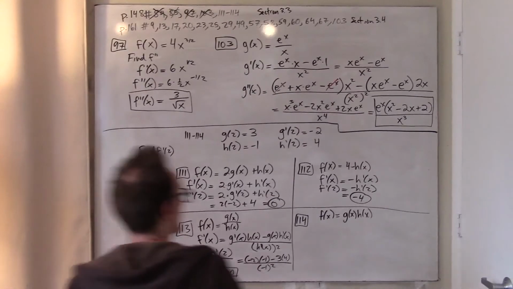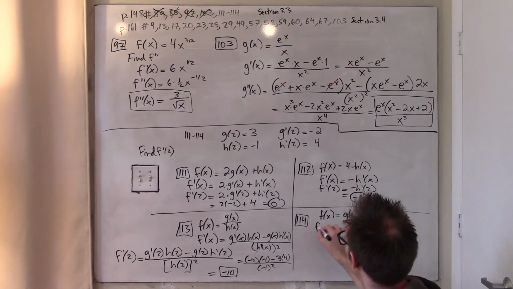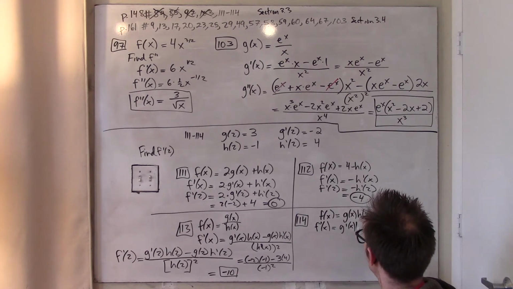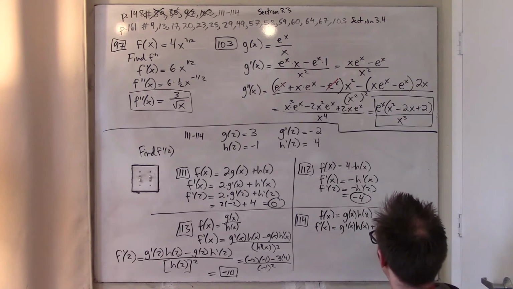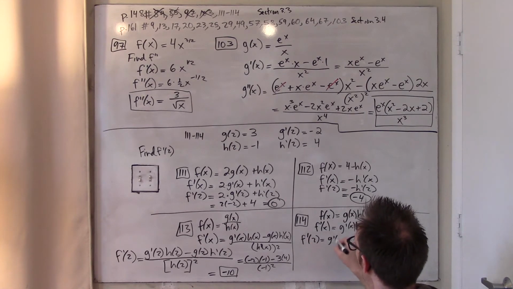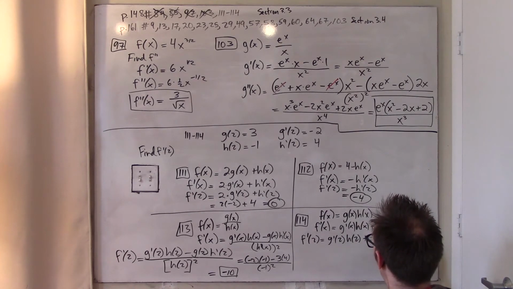Yep. And finally, 114, this should be a little bit easier because the product rule is easier. So what is the derivative of f now? It's the derivative of the first times the second plus the first times the derivative of the second. And therefore, what's f prime of 2? It's g prime of 2, h of 2 plus g of 2 times h prime of 2.